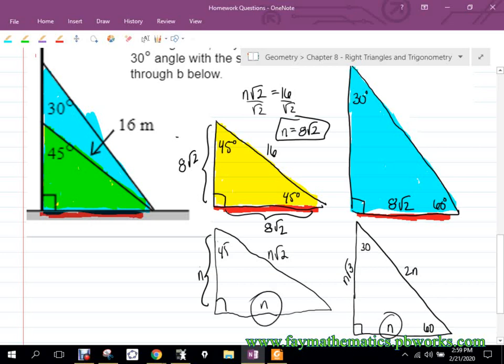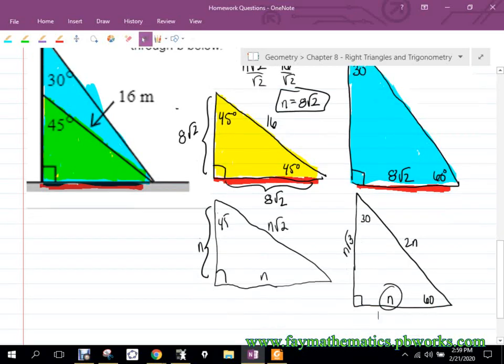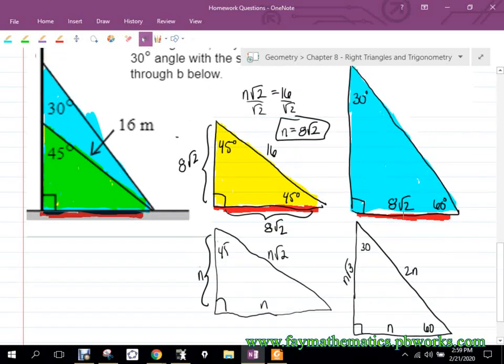Does that make sense? So this is where I'm kind of viewing this as a different problem, a second problem inside the original, okay? So it might make sense for some of us to say, well, I'm going to call this M instead, and then I've got M's all the way through here, okay?